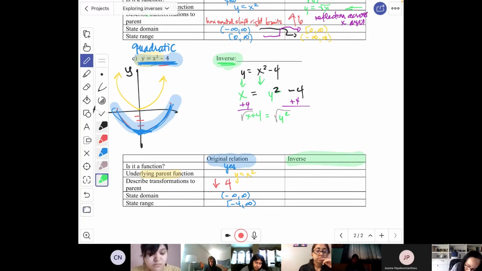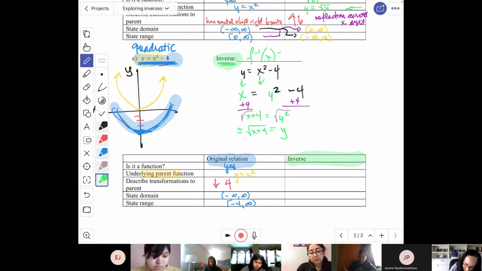So then y would equal plus or minus the square root of x plus 4. So what is the equation of the inverse? Plus or minus the square root of x plus 4. So while our original was x squared minus 4, our inverse was plus or minus the square root of x plus 4.